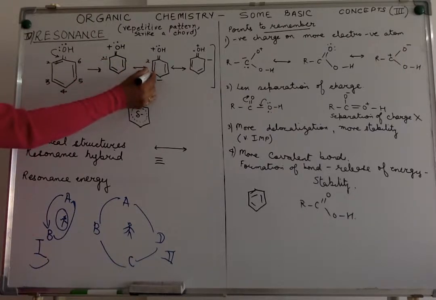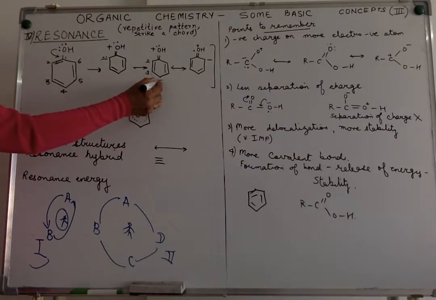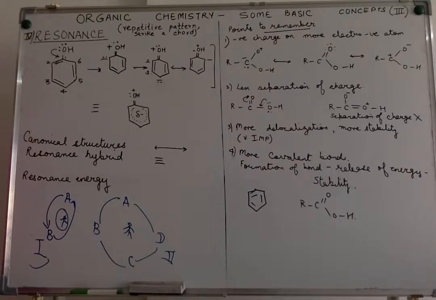So this is a double bond and here the electrons are now left over on carbon number 4. So this electron pair has come here, whereas this electron pair has gone to carbon number 4.